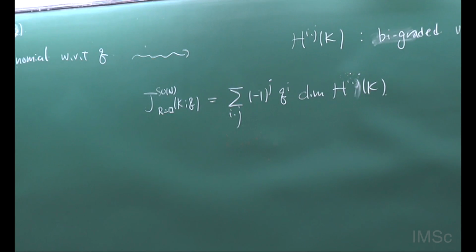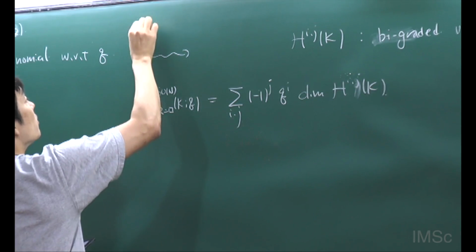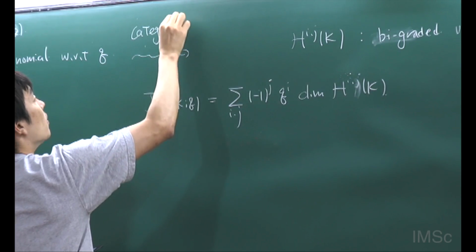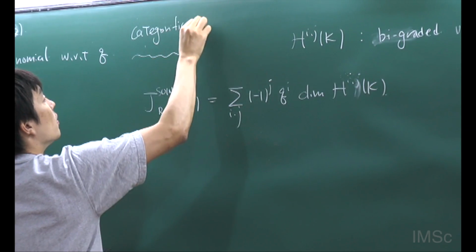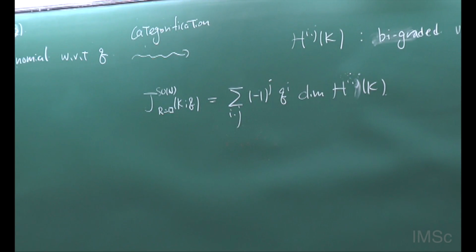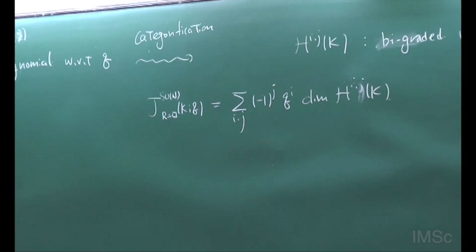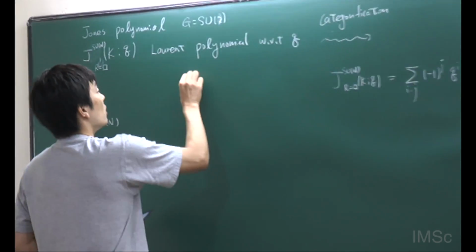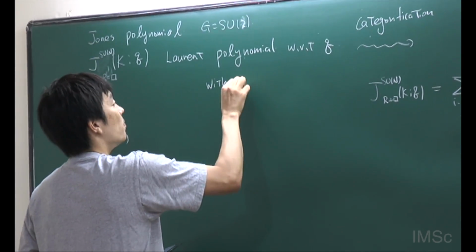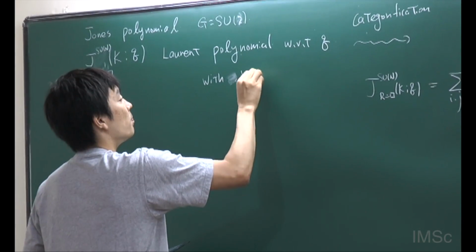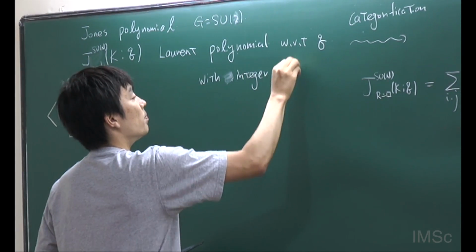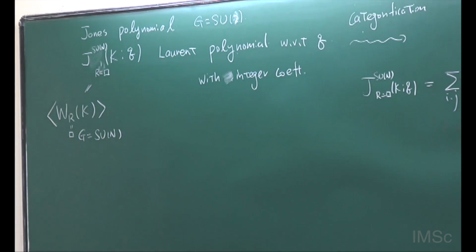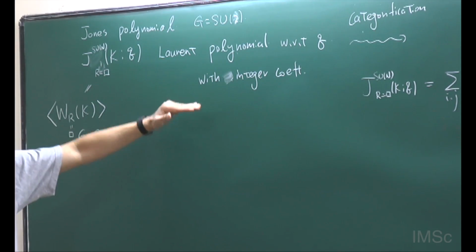So this procedure is often called categorification. It explains why the coefficients of the Laurent polynomial are integers.